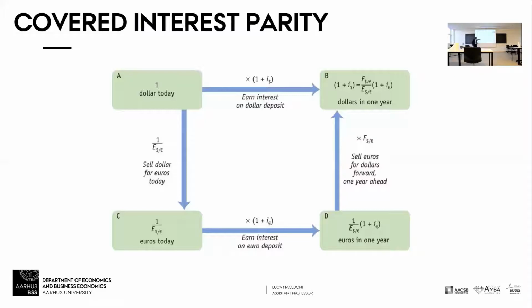And then you multiply this 1 over the exchange rate by the return that you make on the Euro deposit, or the Euro bond, of 1 plus the interest rate denominated in euros, okay? 3%, whatever, okay? Make sense, guys?